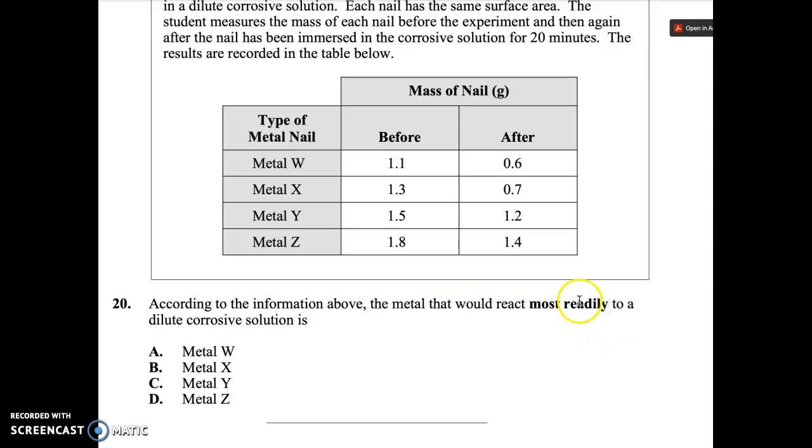Which one dissolves the most, basically? Before 1.1 and a 0.6, we probably want to do percentage. This one went down by 0.5, this one by 0.6, this one by 0.3, this one by 0.4. There's the least amount of this one, so I'd go with metal X.